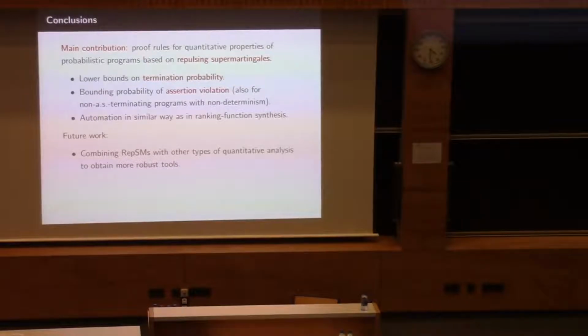And I would like to mention that despite some underlying theoretical complexity, these martingale techniques are, on some conceptual level, simple enough to be, I hope, easily combinable with other possible tools for quantitative analysis, which I think is a very interesting idea for future work.